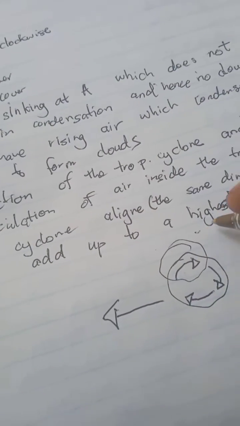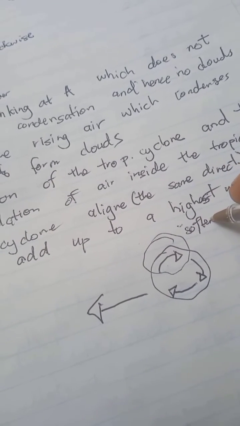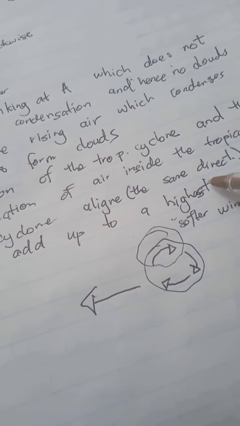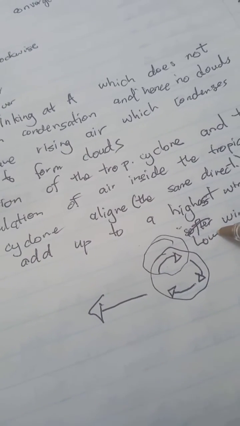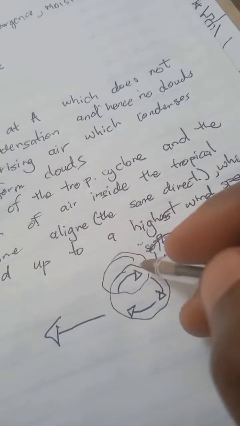So this creates softer winds. Relatively, guys, it can't be soft because this is a tropical cyclone, but relatively lower wind speeds here.